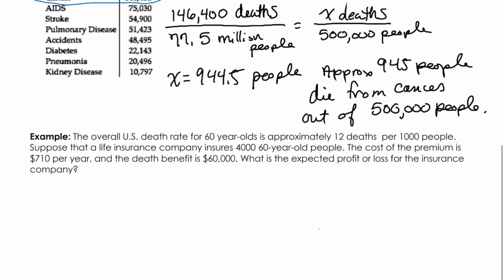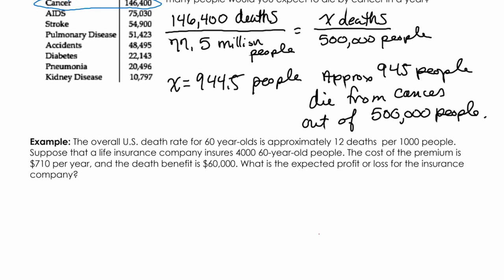Okay, last example is based on business, assessing risk in business. So the question says the overall U.S. death rate for 60-year-olds is approximately 12 deaths for every 1,000 people. Suppose that a life insurance company insures 40,000 60-year-old people. The cost of the premium is $710 per year, and the death benefit if someone passes is $60,000.